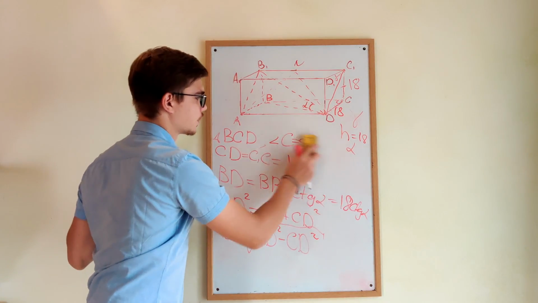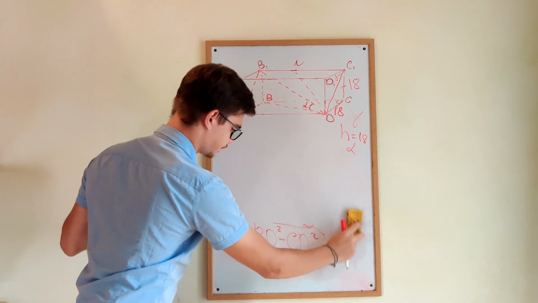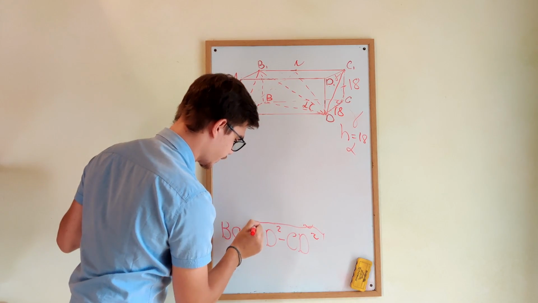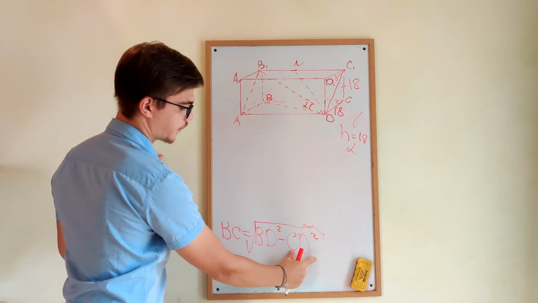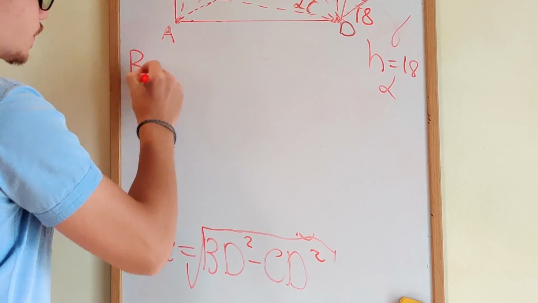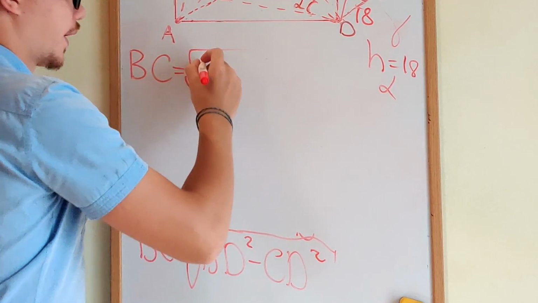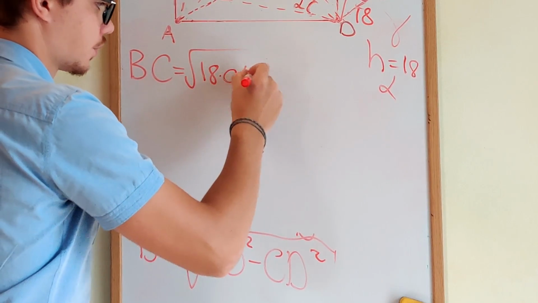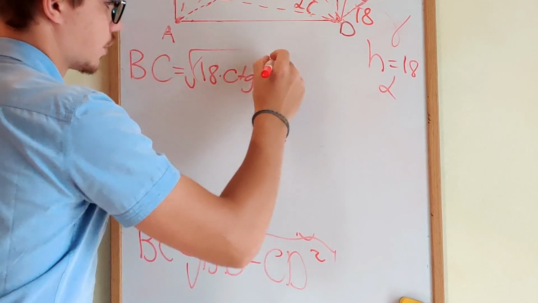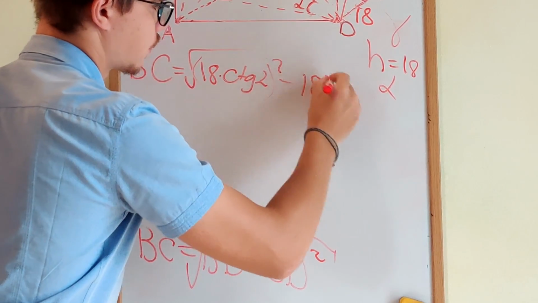Now I will write this down at the top to make it more clear. And we will plug in the values that we know for BD and CD. So BC is equal to the square root of BD, which is 18 times the cotangent of alpha, everything squared, minus CD squared, which is 18 squared.